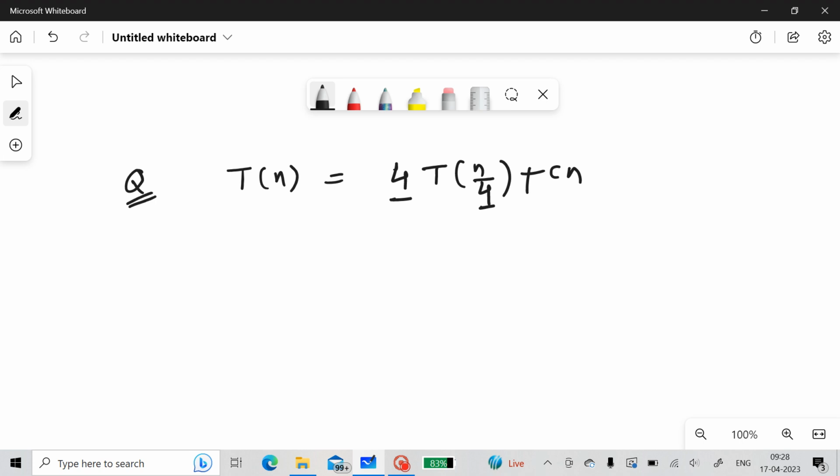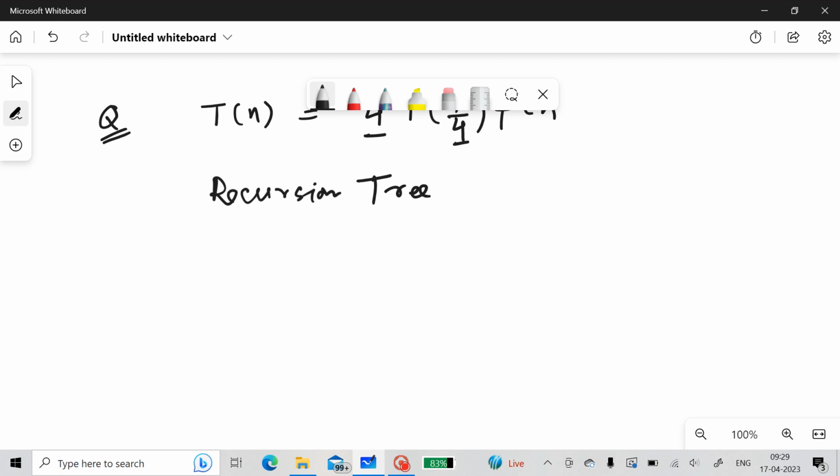Now let's see how you can solve this recurrence relation using the recursion tree method. Let's first draw the recursion tree.